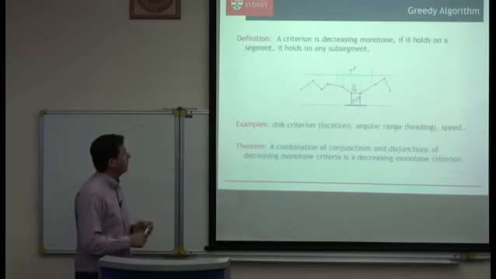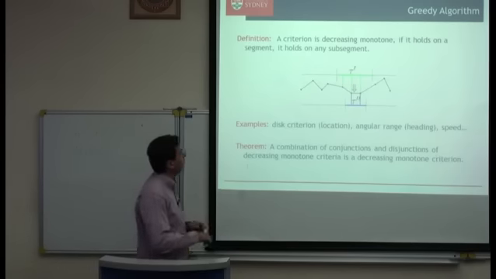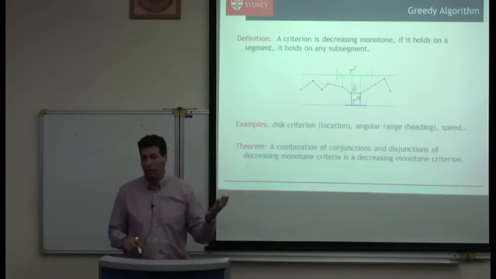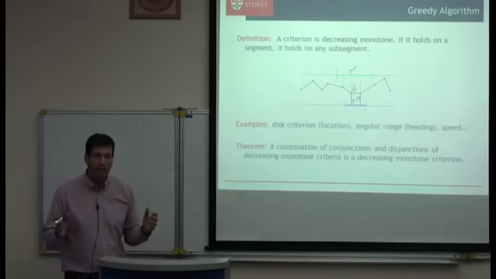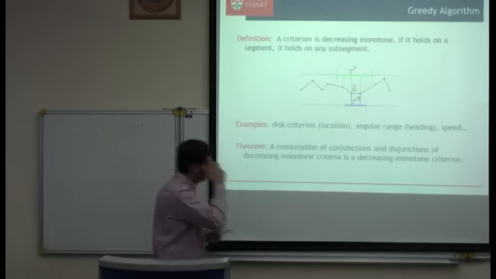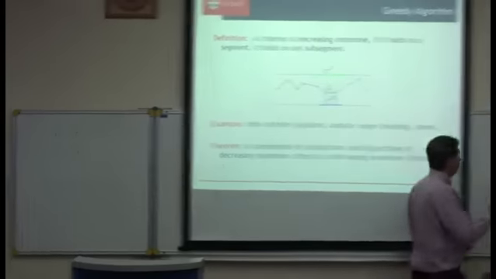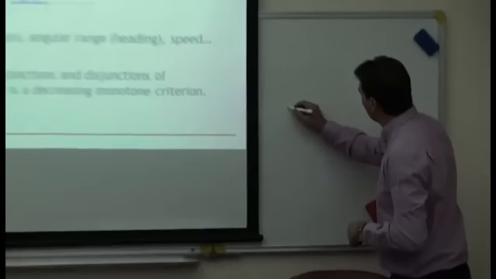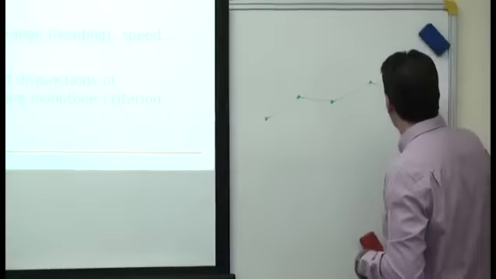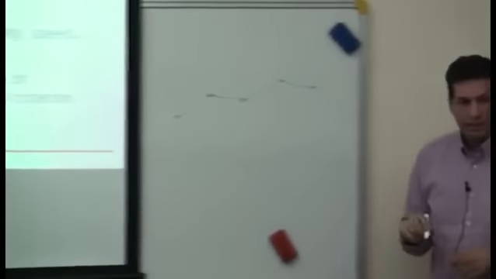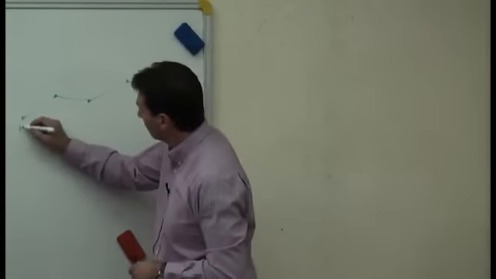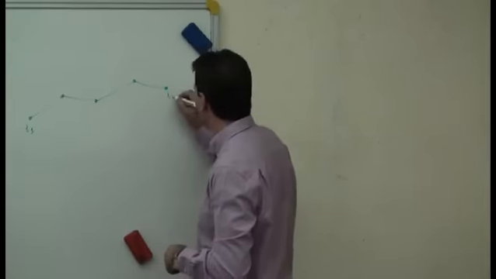Okay. So a criterion is decreasing monotone if it holds on one segment, it holds for any subsegment. So, for example, say that this is my segment, from T1 to TK.